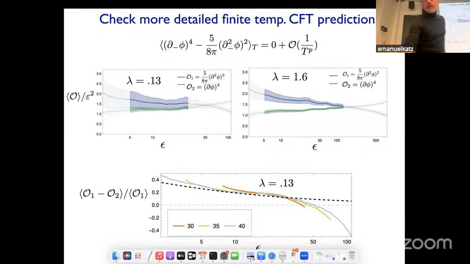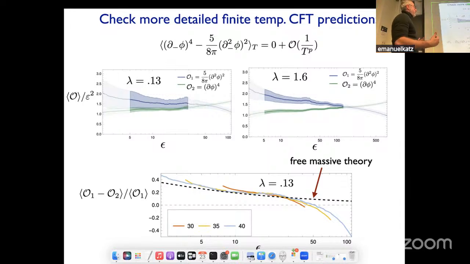So for the free massive theory, we have an analytic prediction for what its expectation value should be as a function of energy density. And we see that our data, as we increase our truncation, agrees better and better with this line. So we really see an emergence of temperature.